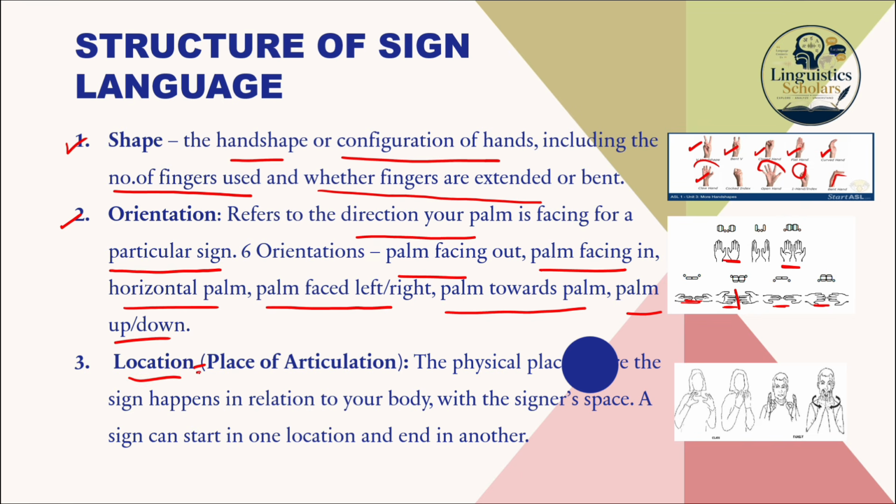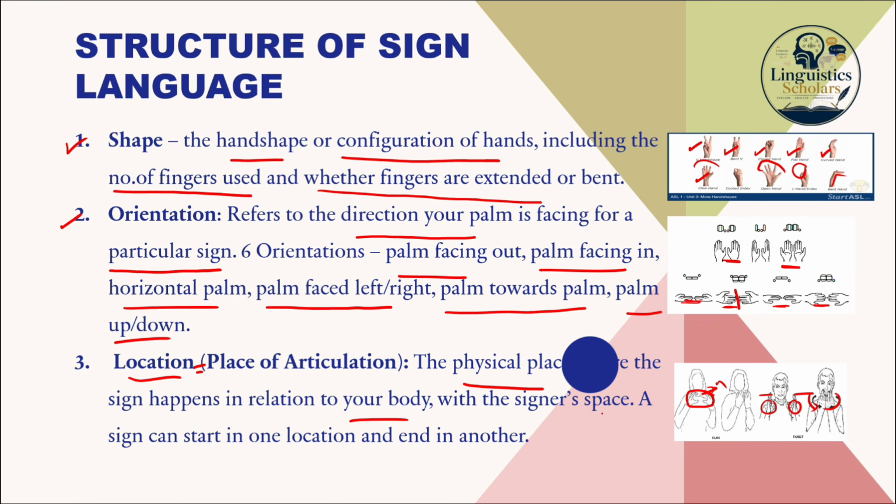And next, location. It is parallel with the place of articulation. It refers to the physical place where the sign happens in relation to your body. So here you can see the sign happening at the neck, here at the chin, or at the shoulders. It refers to the physical location of the sign with respect to our body within the signing space.